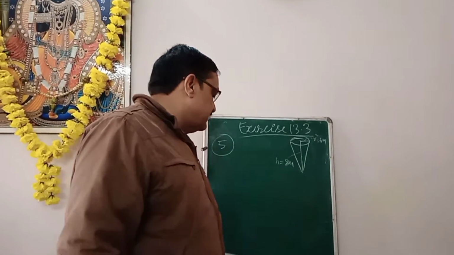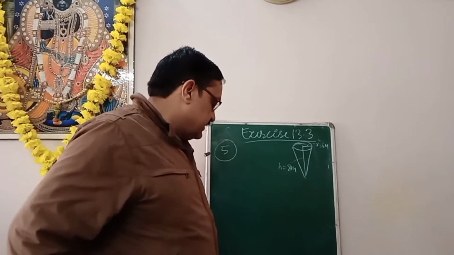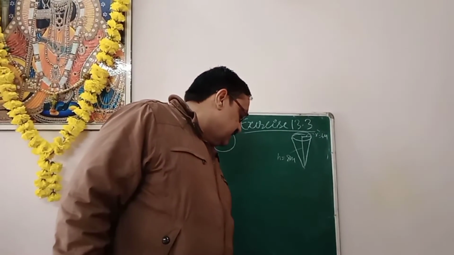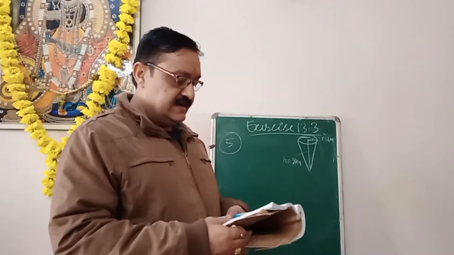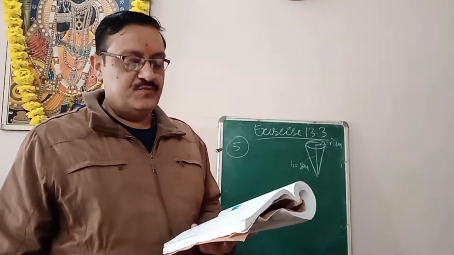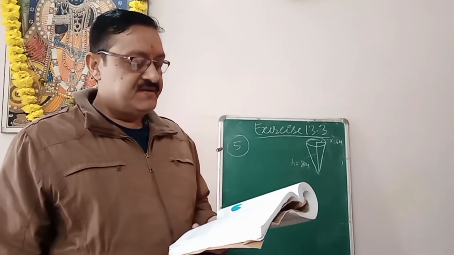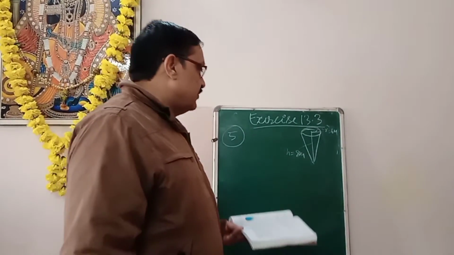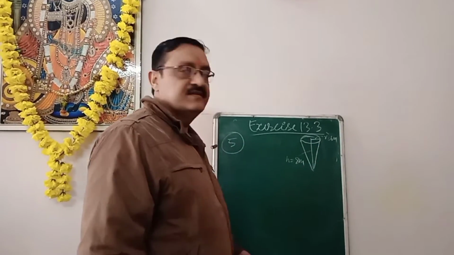This conical tent has another dimension, that is what length of tarpaulin 3 meter wide will be required to make a conical tent of height 8 meter and base radius 6 meter. So what is given about this conical tent, we should first see this.